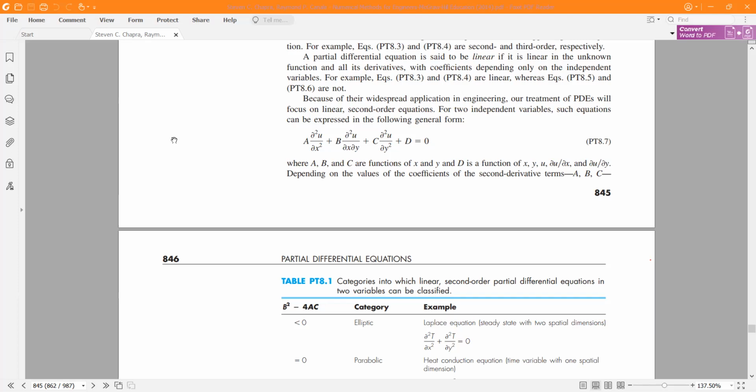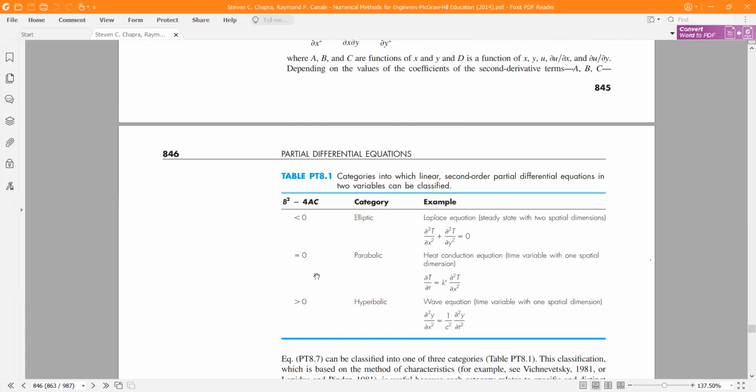Under this assumption, you can transfer a problem from three-dimensional to two-dimensional, and from two-dimensional to a single dimension. If we have a single-dimensional problem, then you can solve it using a simple ordinary differential equation. So if you want to call them partial, then at least your problem will be two-dimensional, or at least two independent variables will be involved.